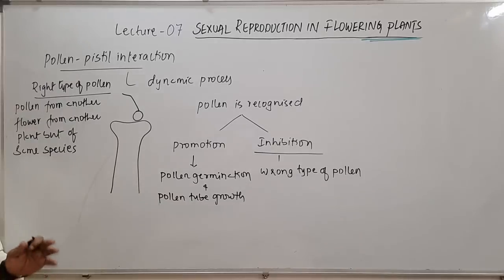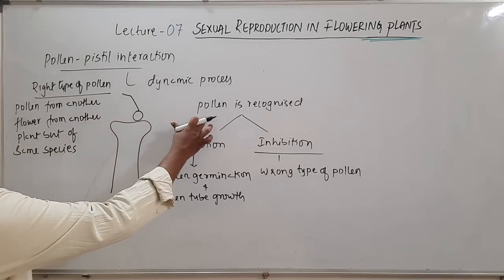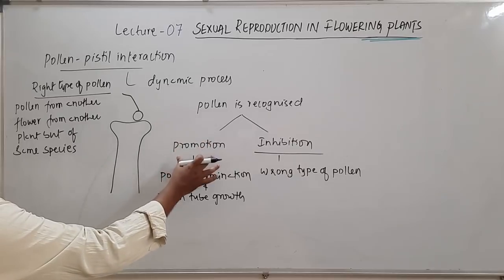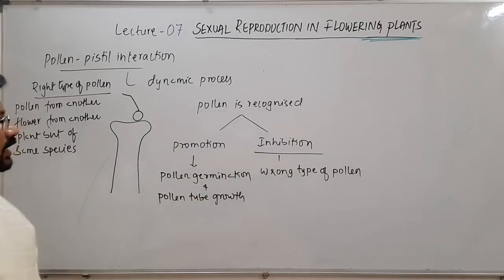That pollen tube will finally carry the male gametes to the embryo sac, where further fertilization takes place, which we will see later. So the pollen is either promoted or inhibited: it is inhibited if it is of the wrong type, and promoted if it is of the right type. The right type is the pollen from another flower of another plant but belonging to the same species.